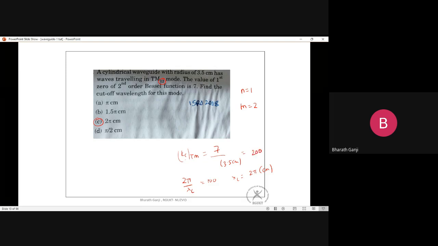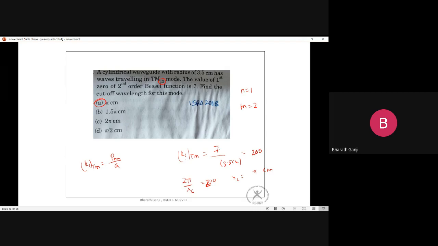If you get 200, then you get an answer of pi, so it is pi centimeters. So your answer is A. Thank you very much. So the KC for this TM mode is that root divided by a, and that root value is given as 7.